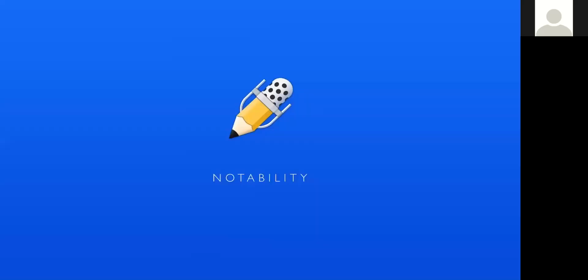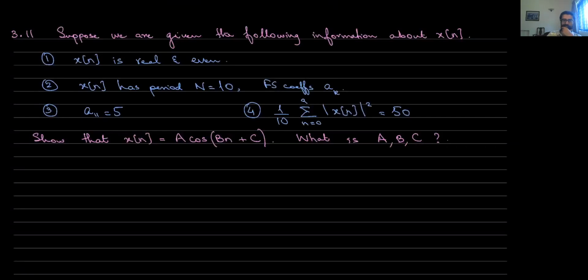अच्छा जी. अगला करते हैं. So Jamshed, are these the kind of problems that you were talking about? You're now given some information about the signal and its Fourier series coefficients, and you're required to find what the signal is.